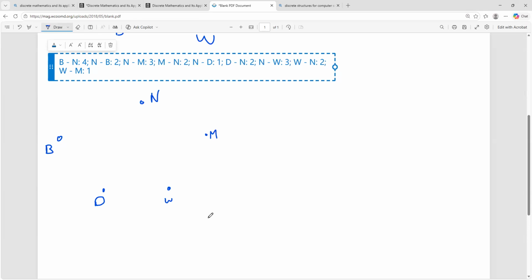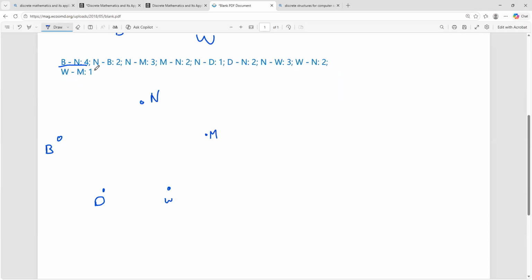Okay, so how many flights are between Boston and Newark in total? Someone answer. Is it just 4? Remember, we're just saying all the flights, it doesn't matter where it starts or ends. Yep, we'll go over those in a bit. 6, right?